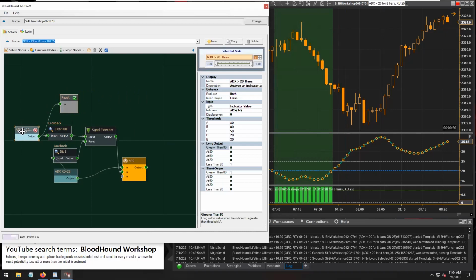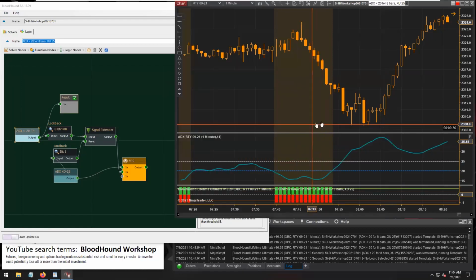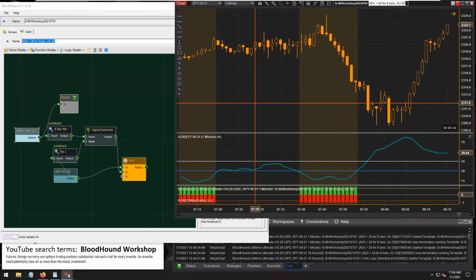So our threshold solver, I'm going to set the short output the same as the long output. So you can see the long output and the short output are both set the same. So we want to identify when the ADX is less than 20. So there we go. We're getting a long and a short there.